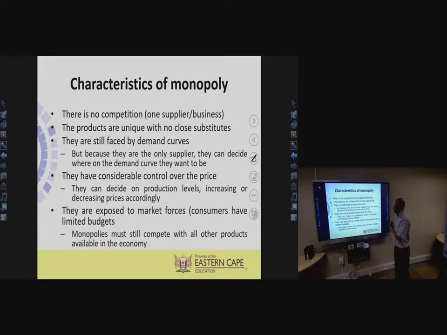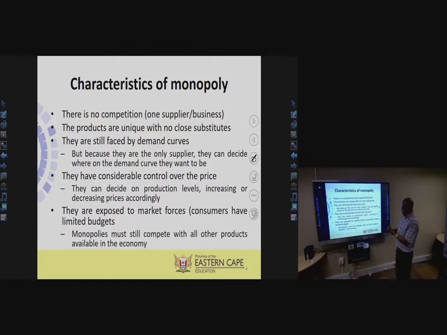It means that they know that consumers are willing to buy a particular quantity at a given price, and then they can decide: if I want higher prices, then I have to produce smaller quantities.